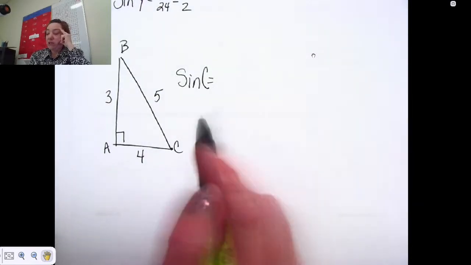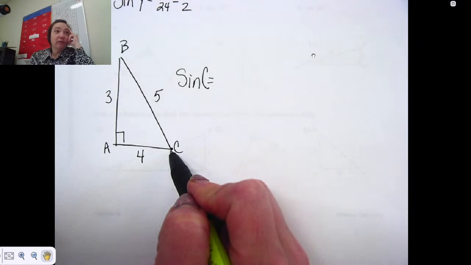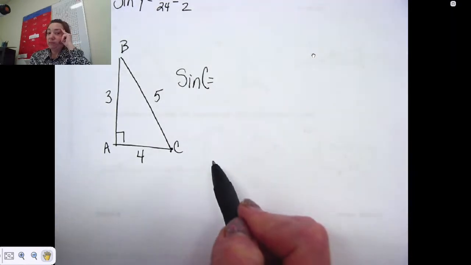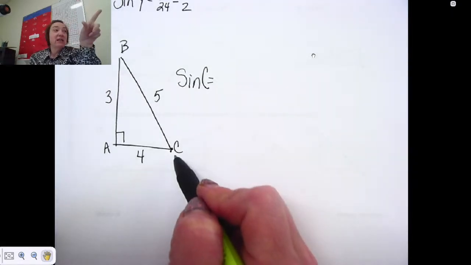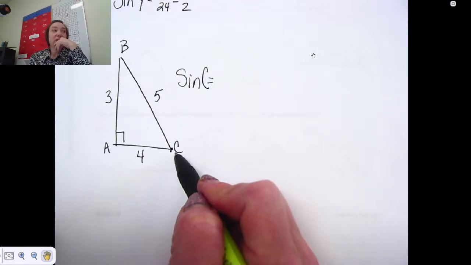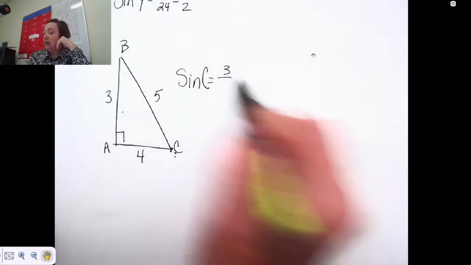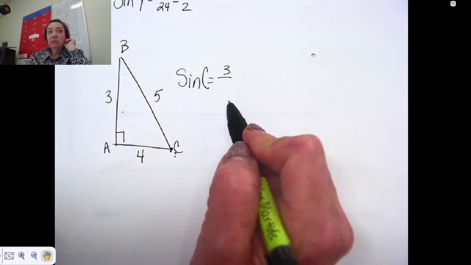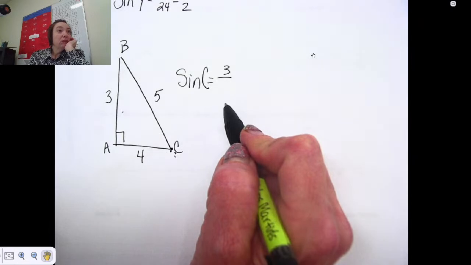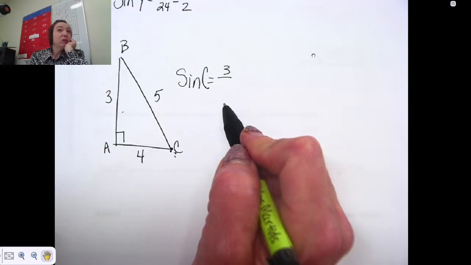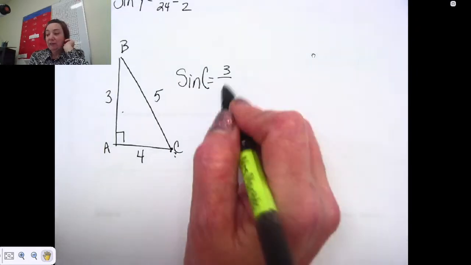Okay, so the sine of angle C. What's the opposite side from angle C? A is not a side. A is an angle. What's the opposite side from angle C? 3, right? What is the hypotenuse? It's 5.